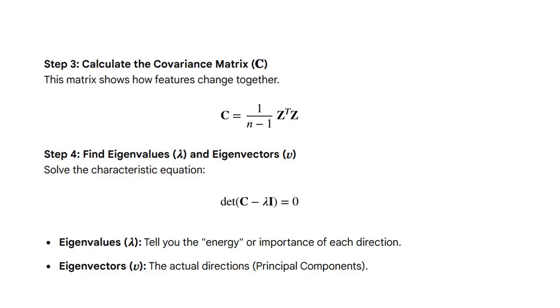Eigenvalue is denoted by lambda and eigenvector denoted by a small b. The eigenvectors are the actual directions of the principal components, and eigenvalues tell us the energy or importance of each and every direction.